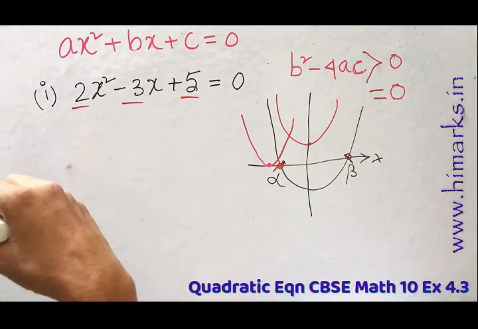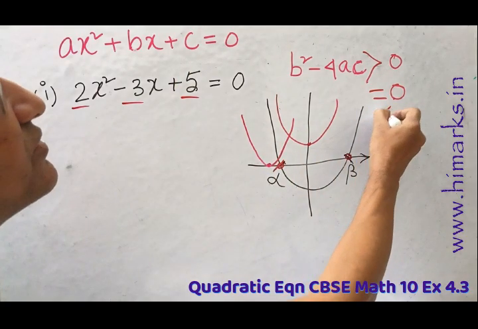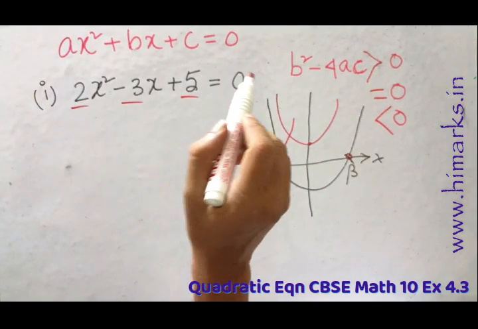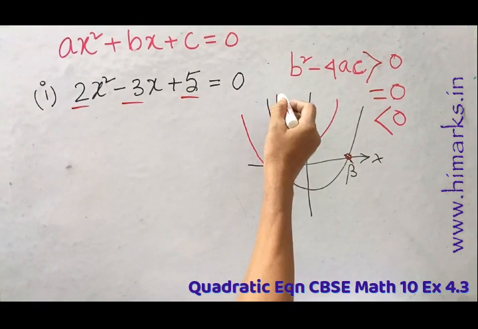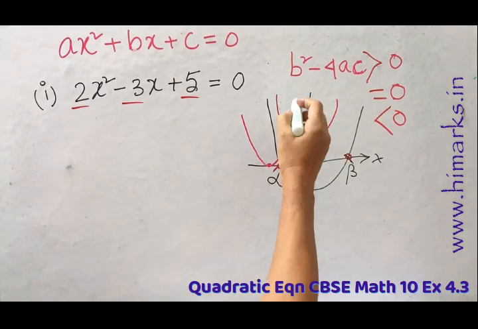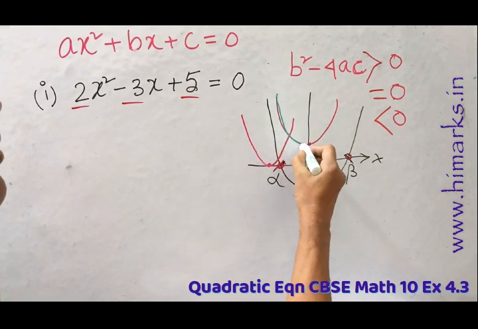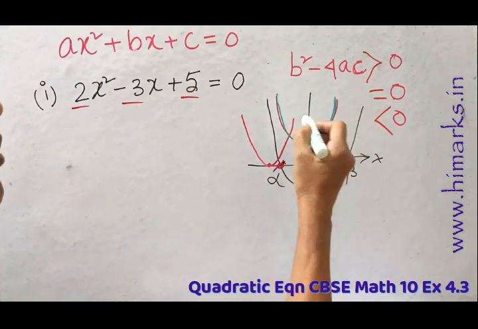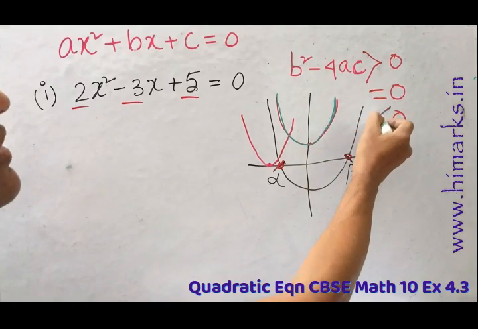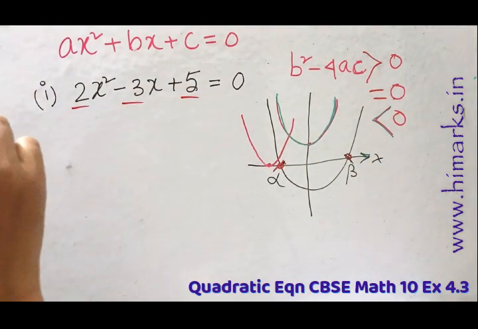If b square minus 4ac is less than 0, the curve will be like this, drawn in green, and they never cross the x-axis. That is imaginary. So this is the case when it is less than 0.